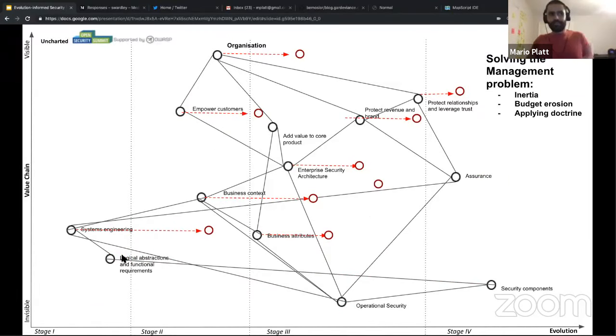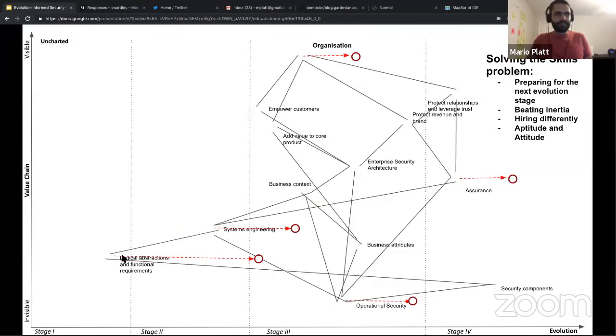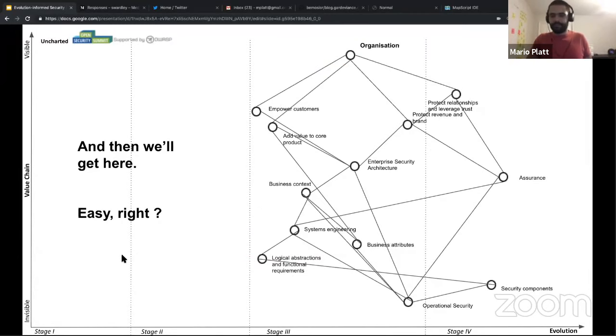So the management problem, about inertia, budget erosion, applying some doctrine, you can make a few other benefits. And if you solve the skills and get your security teams to be very good at dealing with a new way of doing things, you also will get there, right? And hopefully things will be much sunnier. We'll have evolved much more than what we are right now, right?